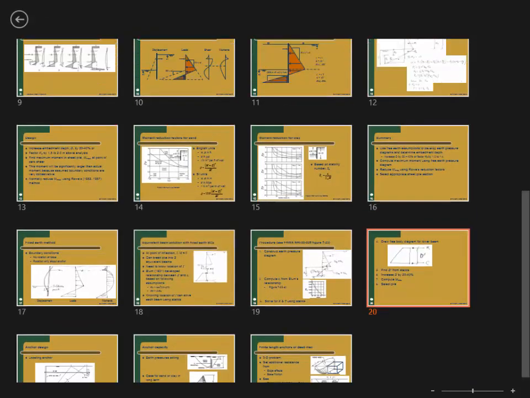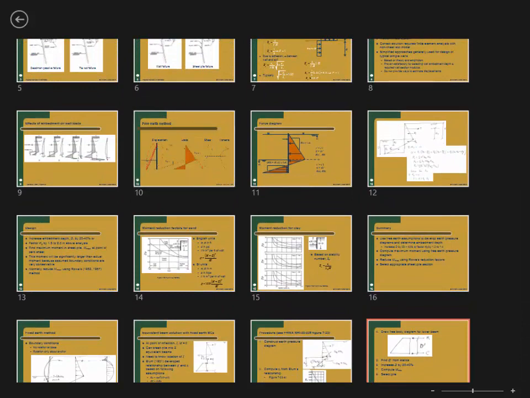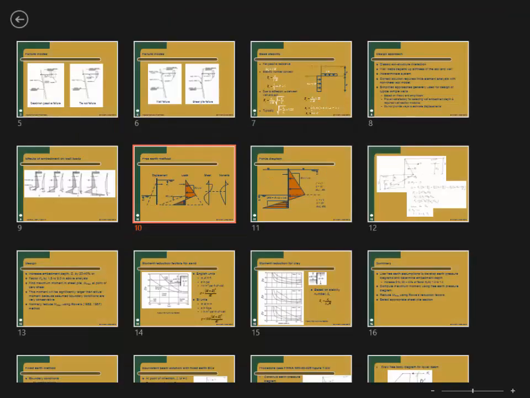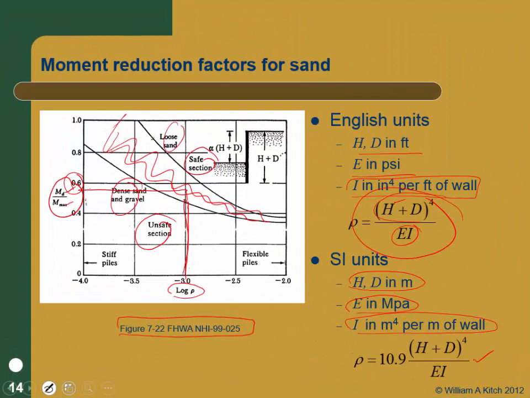In the free earth method, we're assuming that we have rigid rotation here, and that makes the problem statically determinate, but it gives us a really high moment because, if you want to think about it, we're almost assuming that the wall's infinitely stiff, so we're going to get a really high moment. And then we're going to use Rowe's reduction factor.